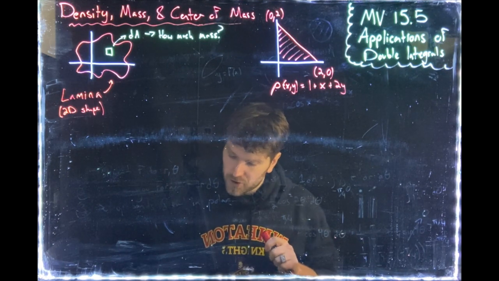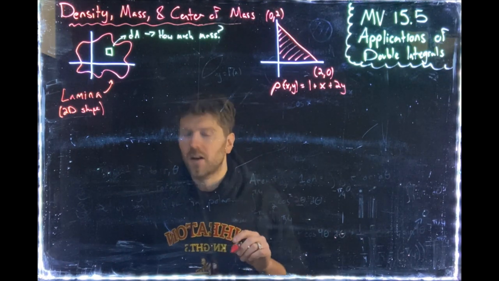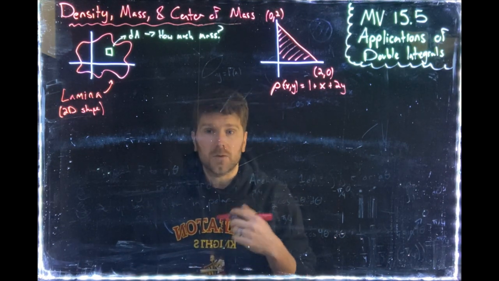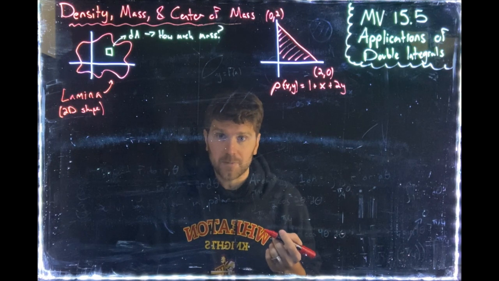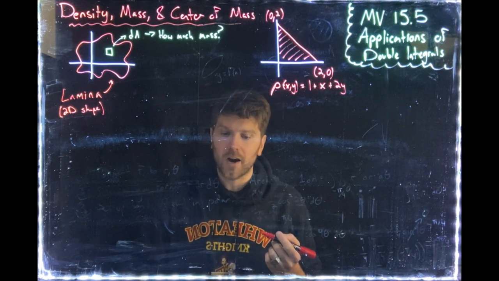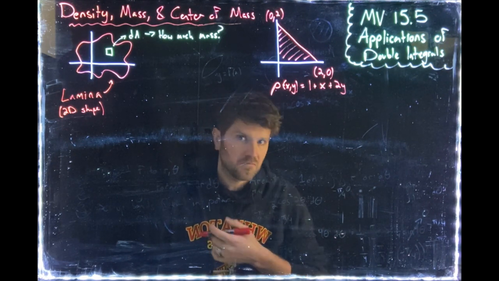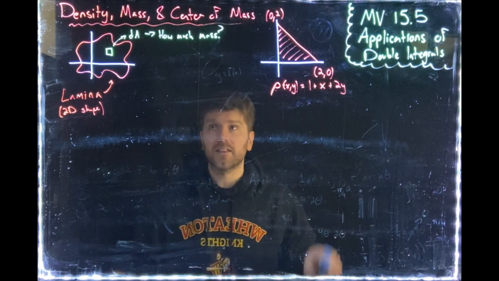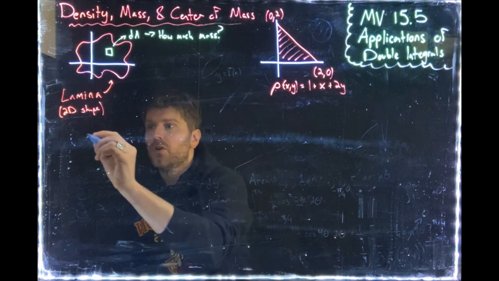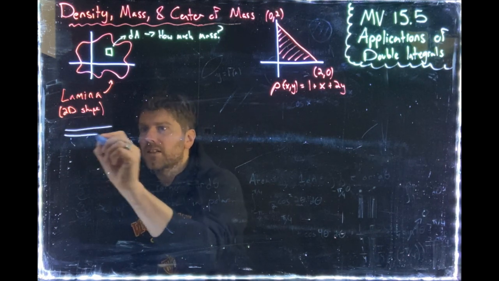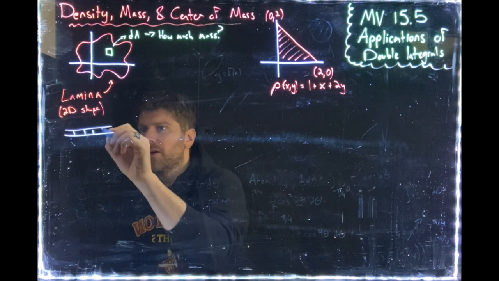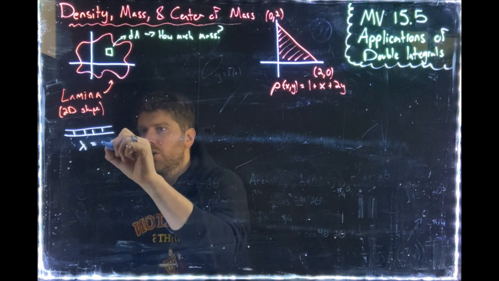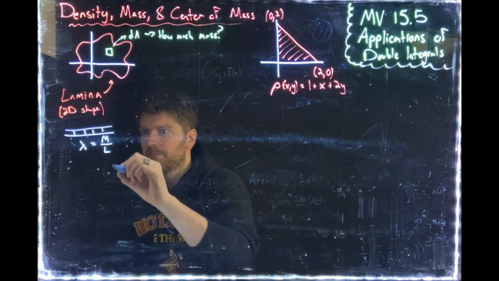And one thing that we want to do is define this idea of density. What do we mean by density? Well, density, generally speaking, is how much stuff is there, how much mass is there per unit size. You can define a lot of different types of densities, actually. For a wire or something that's long and thin, where we're mostly concerned about length, you can have what's called a linear density, which is mass per unit length.